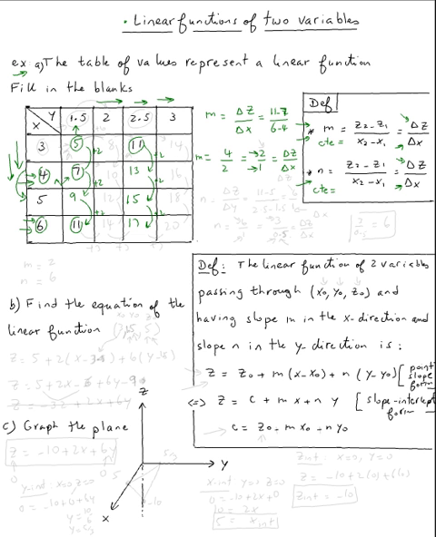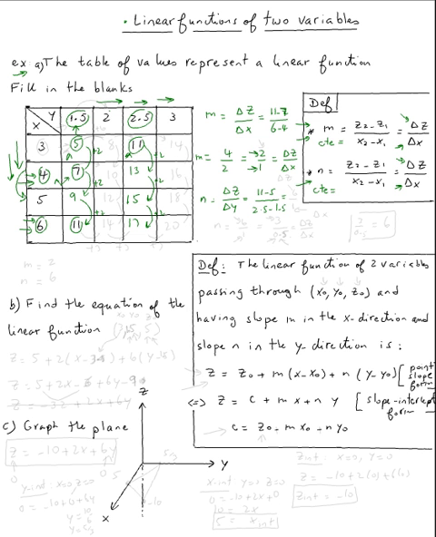So again, this time I'm going to use n. n is equal to change in z over change in y. Now it's going to be 11 minus 5 over, now I have to use y2 minus y1, which is 2.5 minus 1.5, right?